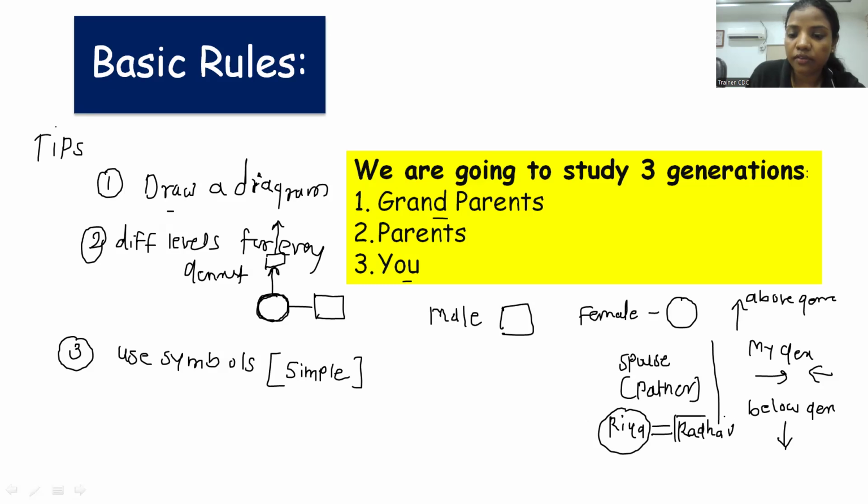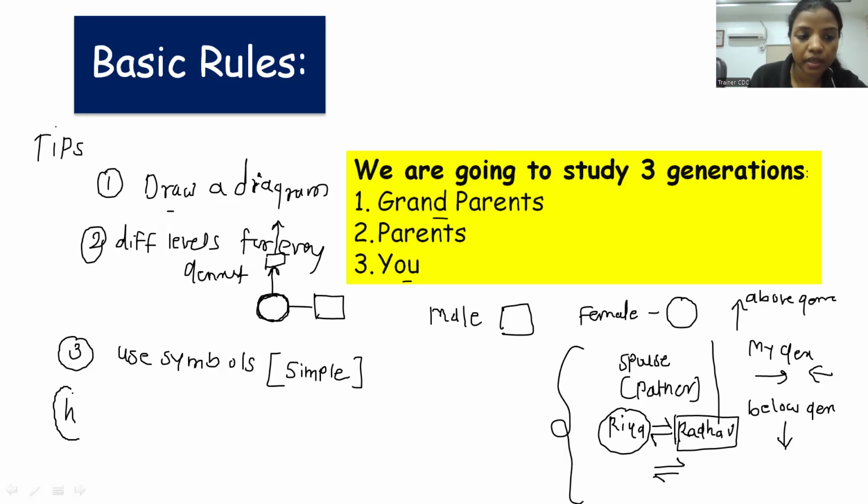Raghav is a male, so I'm indicating Raghav in a square and Riya in a circle. They are a couple, right? If they are a couple, then I'm using this sign. This arrow I will use for indicating a couple. Understood? So using symbols is the most important thing for drawing a diagram.